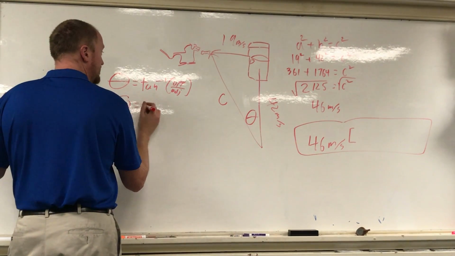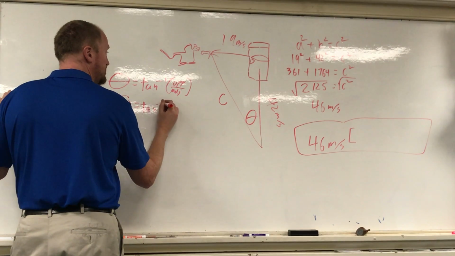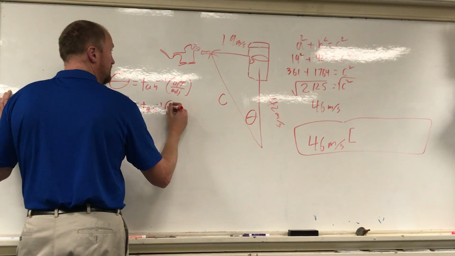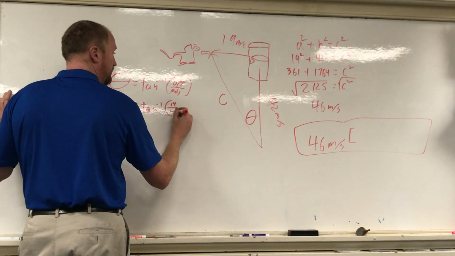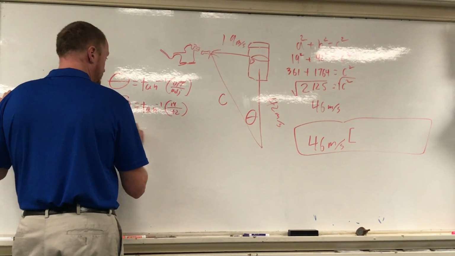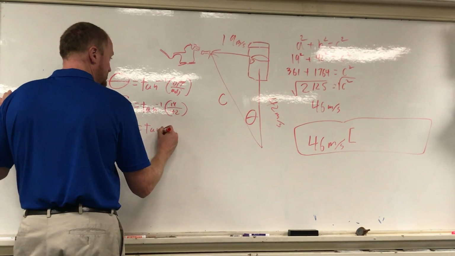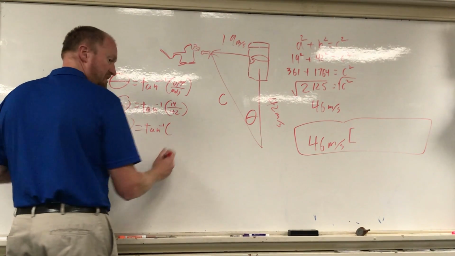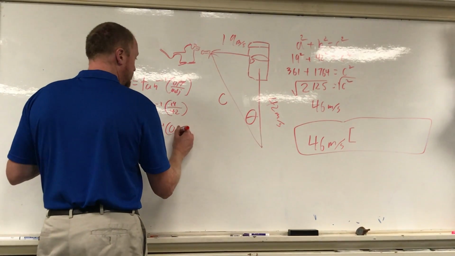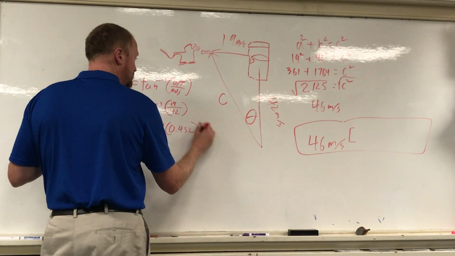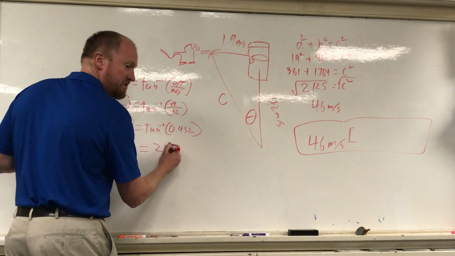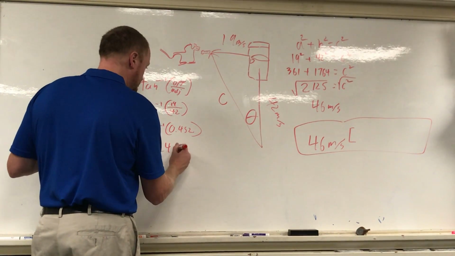So theta is equal to the inverse tangent of 19 over 42, which means that theta is equal to the inverse tangent of, I think the number I got was 0.452, and that gave me a theta of 24 degrees.